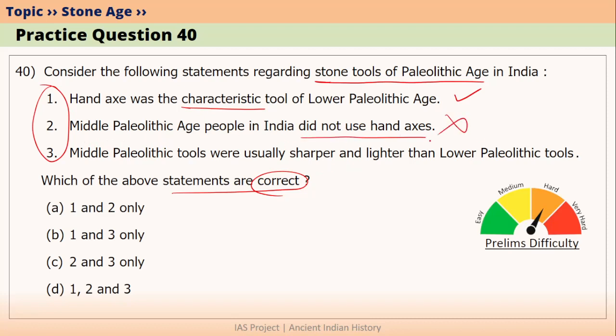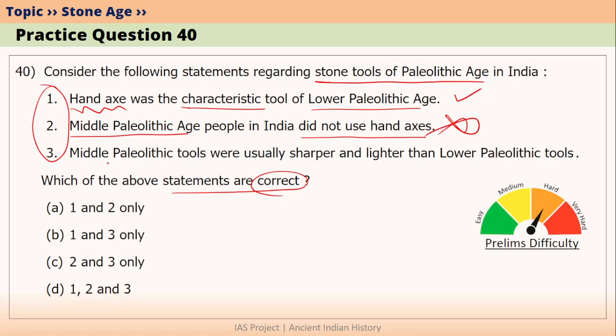This statement is false because hand axes were the characteristic tools of Lower Paleolithic Age. This much is correct. However, the use of hand axes was not completely abandoned. Middle Paleolithic people mainly used flake tools. However, they also continued to use hand axes. Therefore, this statement will be false.